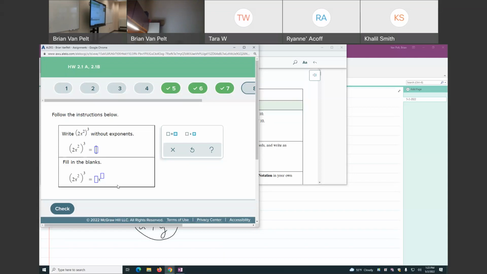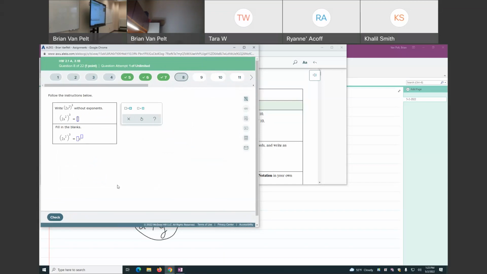I have a feeling I should do this one. We put it back to normal size.